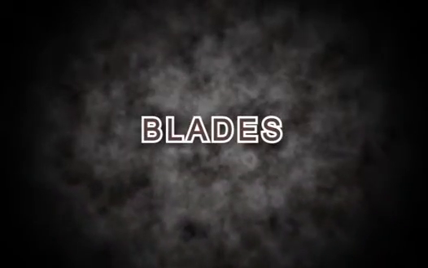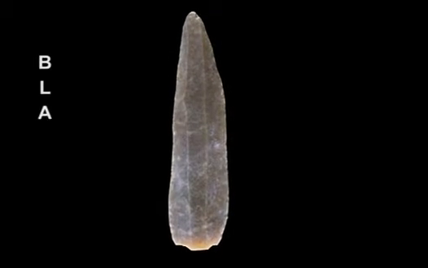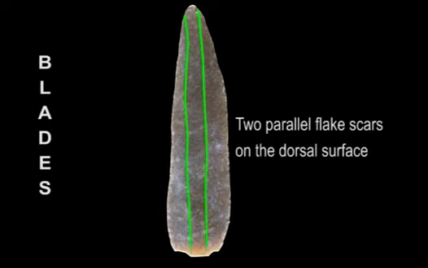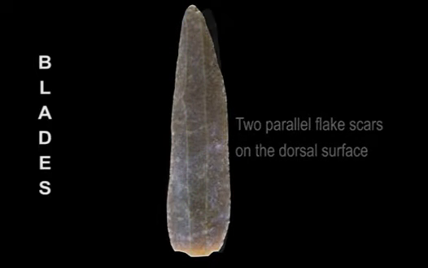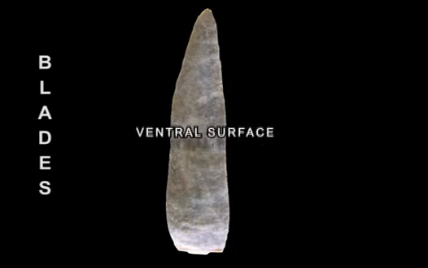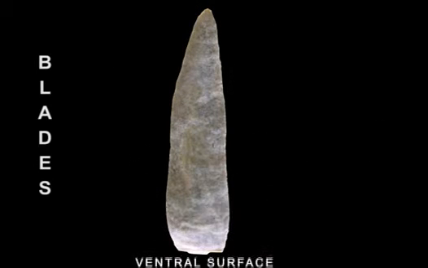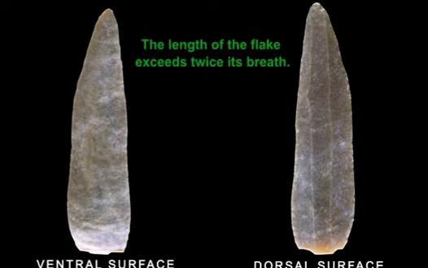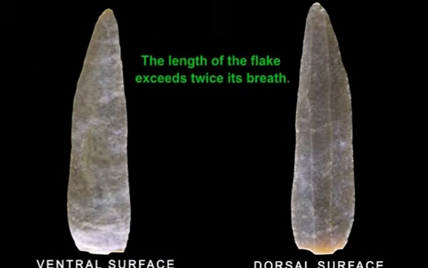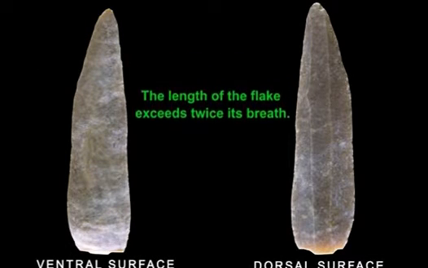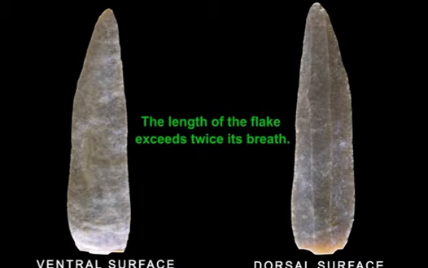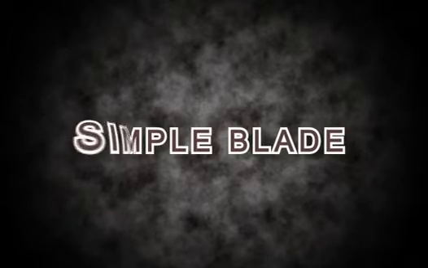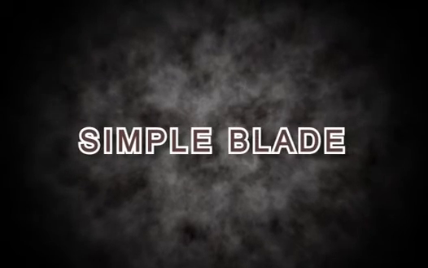Now come to the blade first. It is a long and thin flake which possesses at least two parallel flake scars on the dorsal surface. The ventral surface is represented by a single flake scar. The length of the blade should exceed twice its breadth. Now let's come to simple blade.